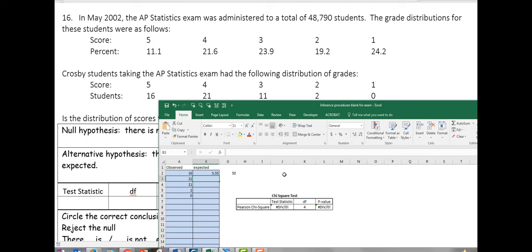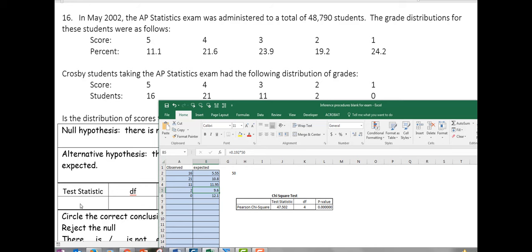All right, then the next one equals 0.216 times 50, then 0.239 times 50, 0.192 times 50, and 0.242 times 50. Okay, and so that outlines, I had 2 people get that score, but I expected about 9 people, so I would say that there's clearly a lot of difference between what was expected versus the national average.